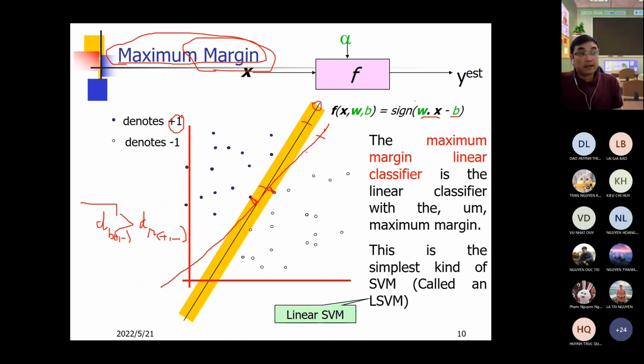So when I have a maximum margin like this one, then my hyperplane will be good enough for training on this data, and I will choose this kind of model, the parameters like this one, to learn from this kind of data, and we can test on another test set, for example, like this one.